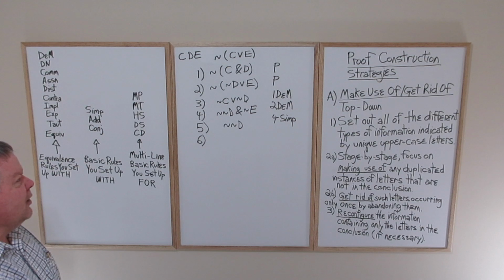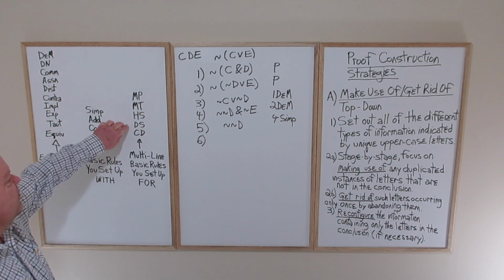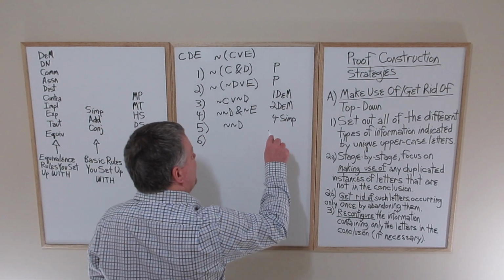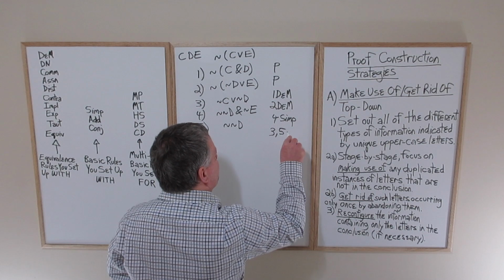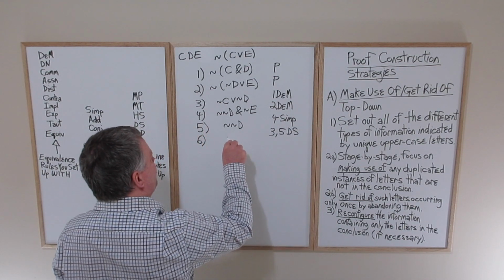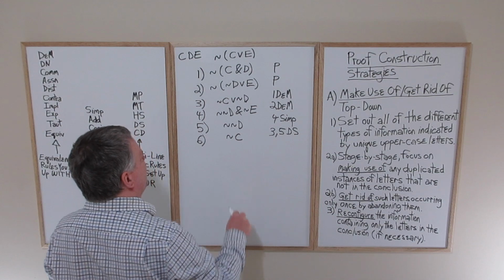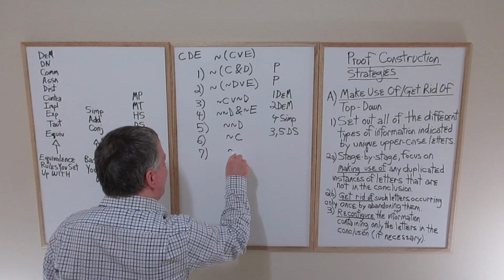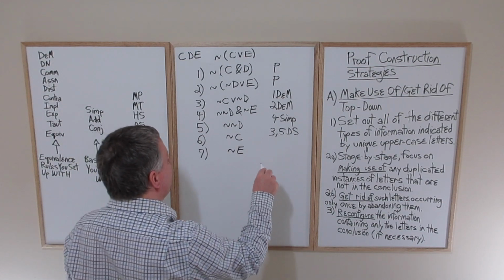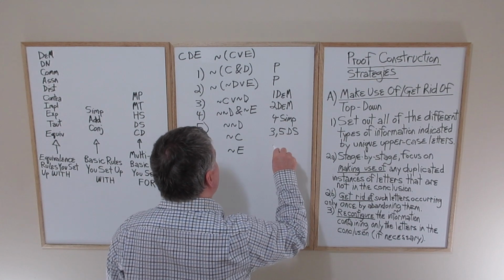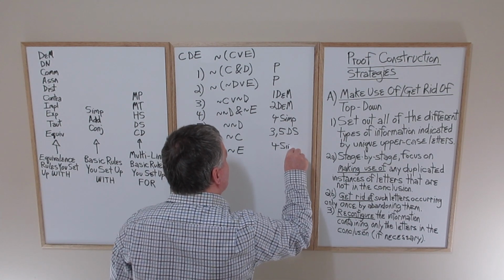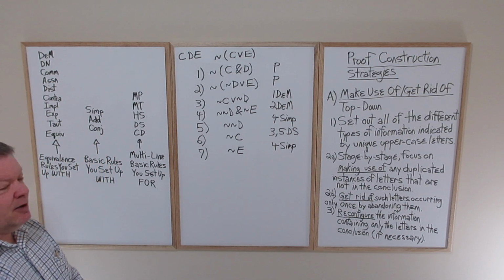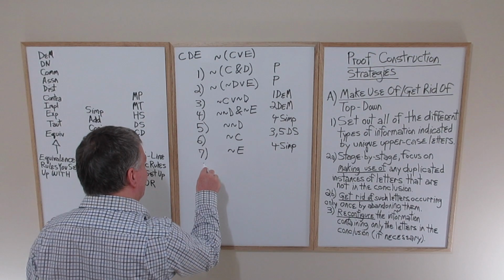That's the step that ends the stage by employing one of the multi-line basic rules we set up for. 3, 5 disjunctive syllogism gives us tilde C. Now we can snap off tilde E, which is 4 simplification. So we've got our C and E related information on lines 6 and 7.